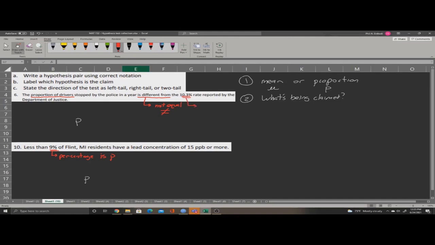And 10.3%, we have to represent this as a decimal number, not a percentage. And this is the same thing as saying 0.103. Therefore, we'll write that our claim says that little p is not equal to 0.103.